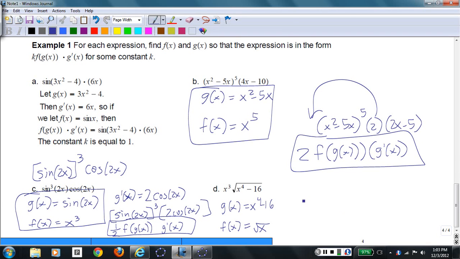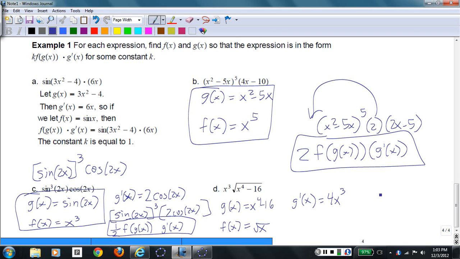What is the derivative of x to the 4th minus 16? 4x cubed. So I have a 4 that I don't need.